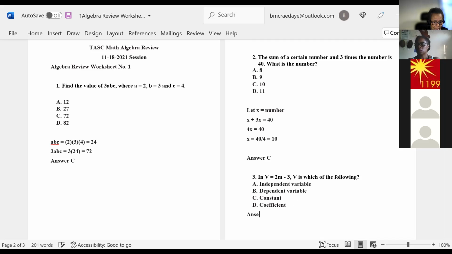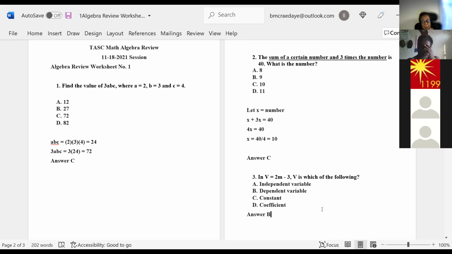V, what determines what V is? The M value, right? If we want to calculate V, we have to know what M is. So M is the independent variable, and this independent variable causes us to get V, the dependent variable.